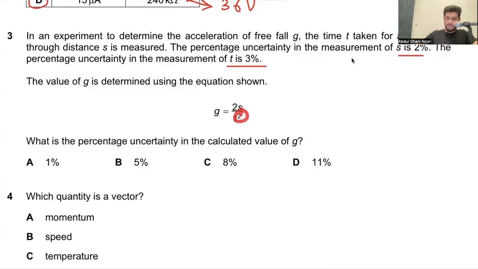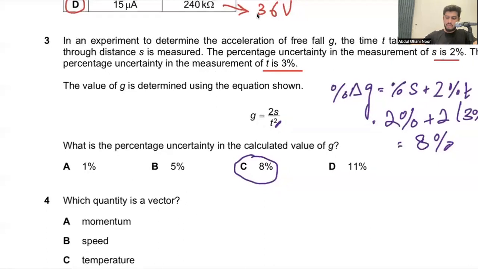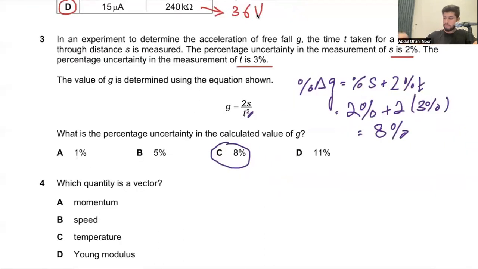We get 2% plus 2 times 3%, which equals 8%. So the answer is C, 8%.